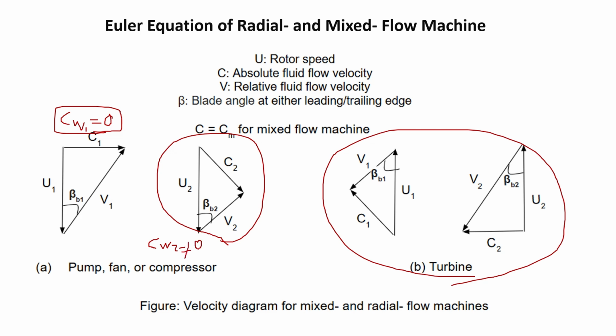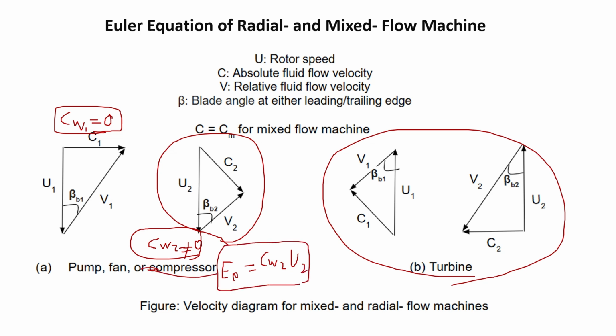This is not right. If this happens, then there will be no energy transfer, because if you remember, the energy equation for a pump is just equal to what? C omega 2 times U2. So there is no way.